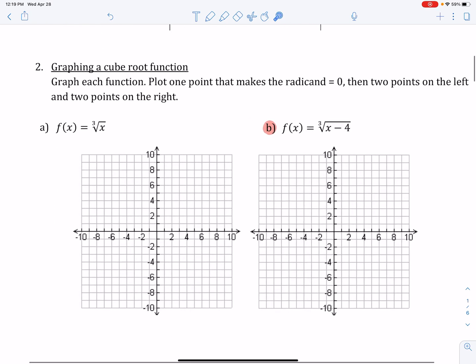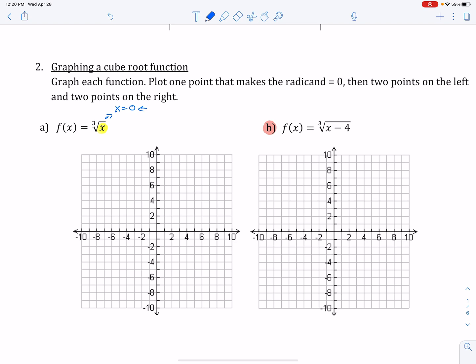Okay, number 2 here says graphing a cubed root function. So what we're going to do here is you have your radicand under there. Let's write here at the top, just draw an arrow, x equals 0.